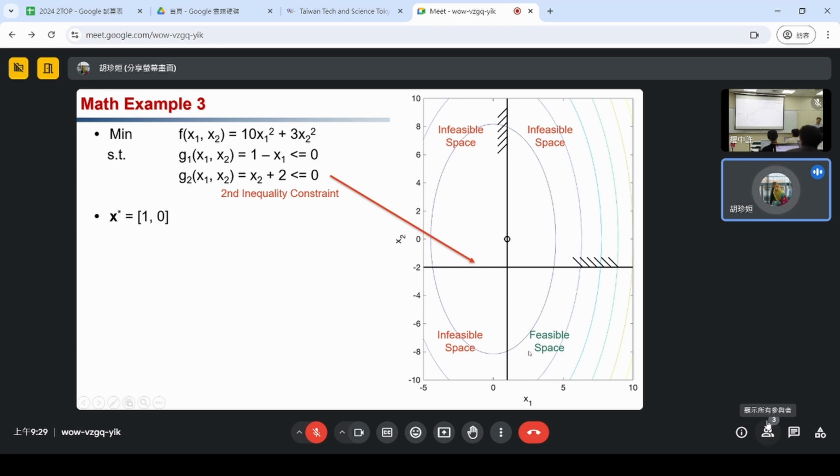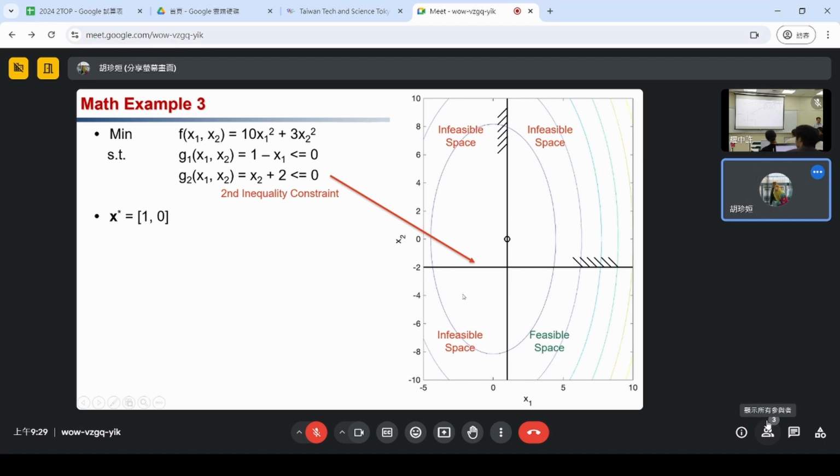I need to stay on the right-hand side of the first line, so from here I gave you some hints. Here is the invisible region, here is invisible, here's invisible. Only the right lower corner is the visible space. What is the point that has the smallest function value inside this region? Should be very obvious.